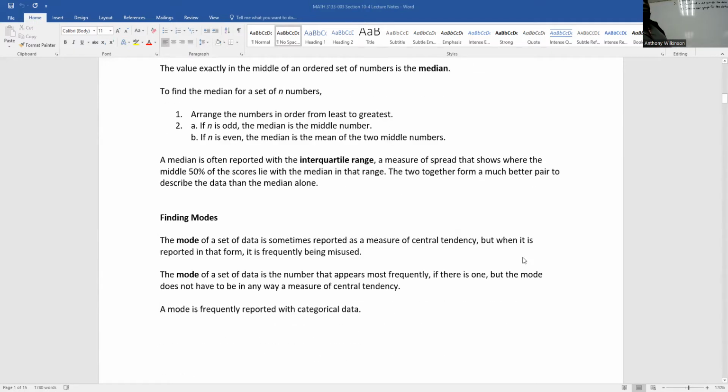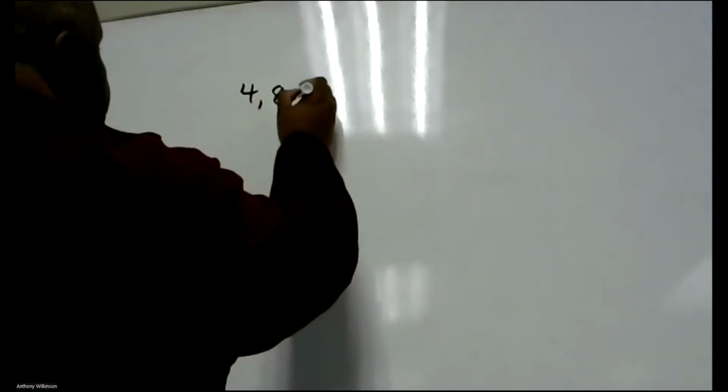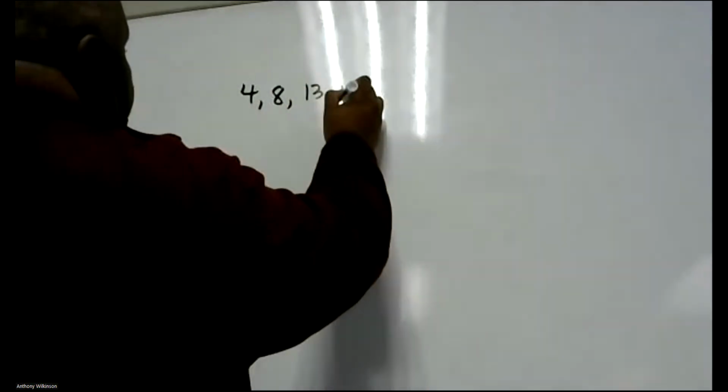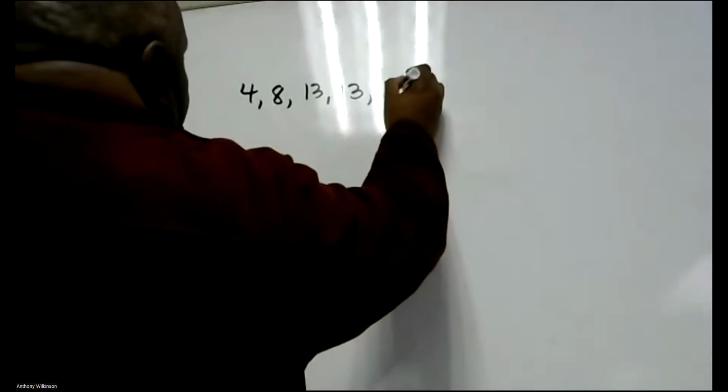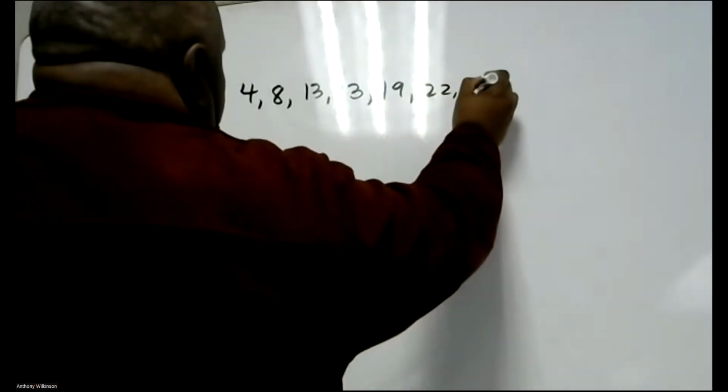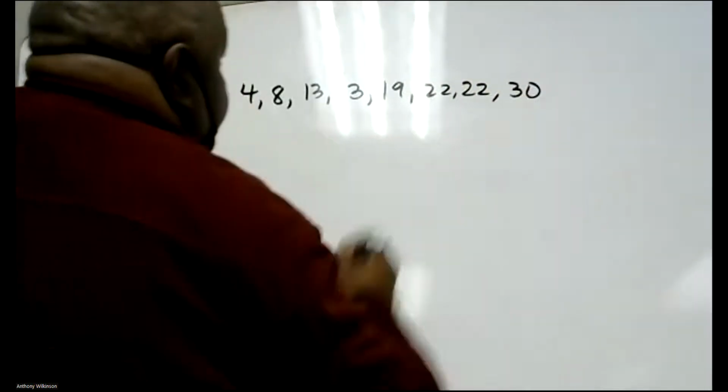Now, you could have more than one mode or none at all. Let's say we had a data set like 4, 8, 13, 13, 19, 22, 22, and 30.